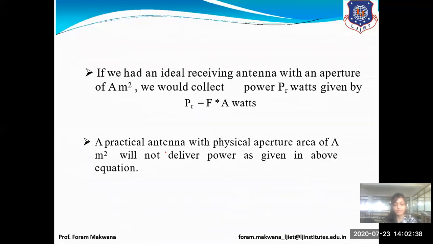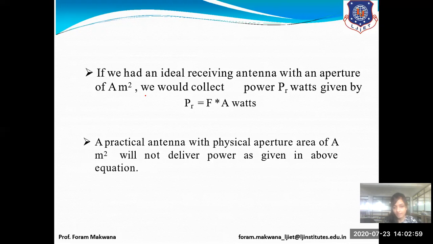If we are considering the receiving antenna with a specific aperture, in meter square, then it decides how much amount of power is going to be collected by that receiving antenna.